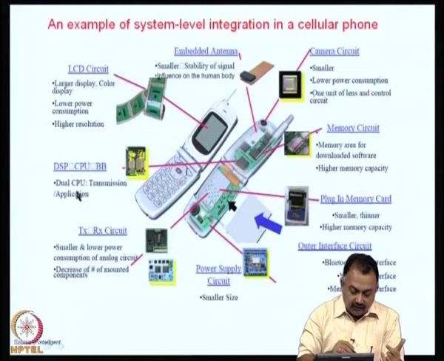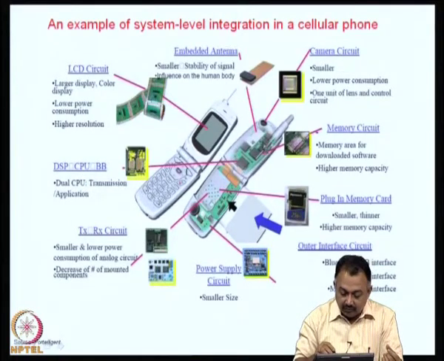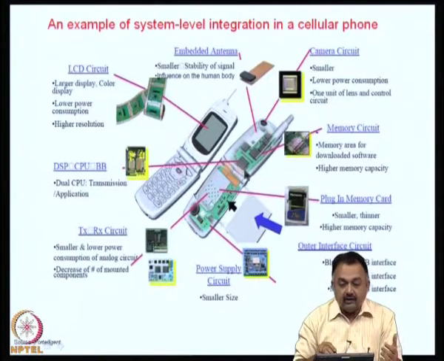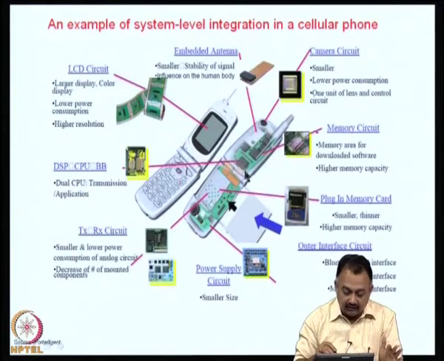Then you have the important things, processor circuits: the basic CPU for transmission applications, digital signal processing CPU and so on will be mounted on one of the boards, and you have to look at the latest technologies for using these kinds of microprocessors and devices, and their electrical performance with the other devices already chosen.